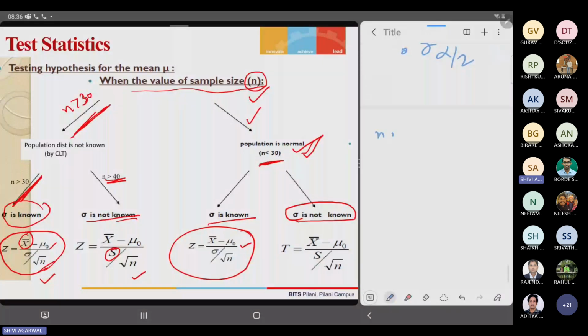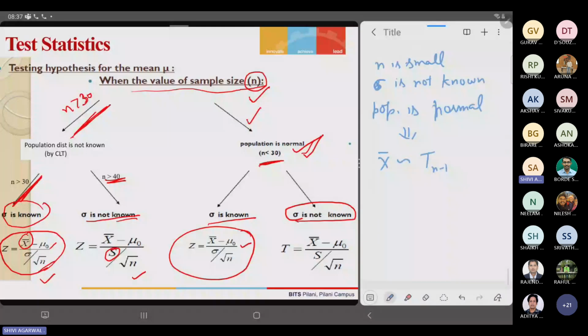If n is small, and sigma is not known, then we can say here that the population is normal. It is an important one. So we are using the t-test, and then we can say x bar follows the t distribution with n minus 1 degrees of freedom.